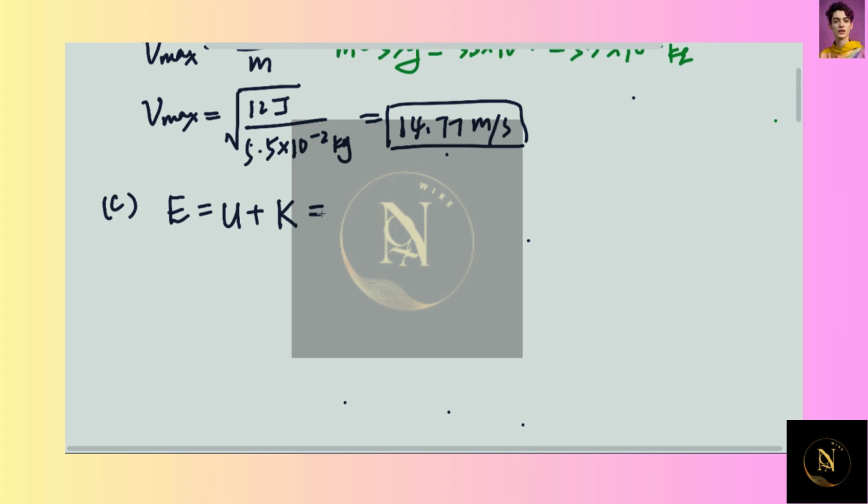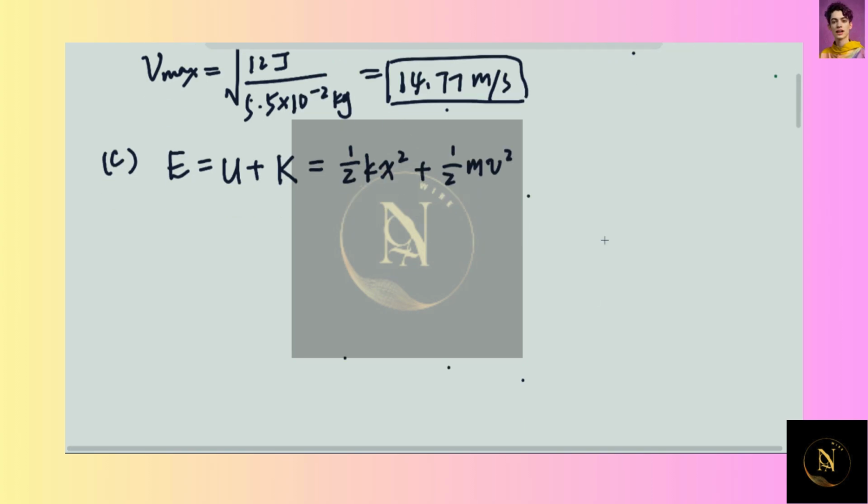So we need to write it this way. U equals 1 over 2 times k, the spring constant, times x squared, the displacement, and the kinetic energy K equals 1 over 2 times m v squared. And we know that the total energy of the system is still the same, 6 joules.